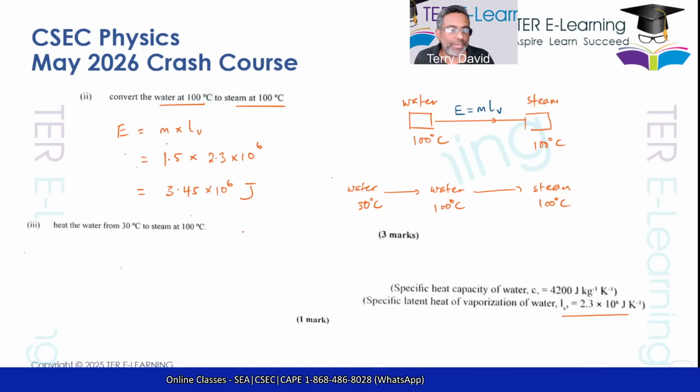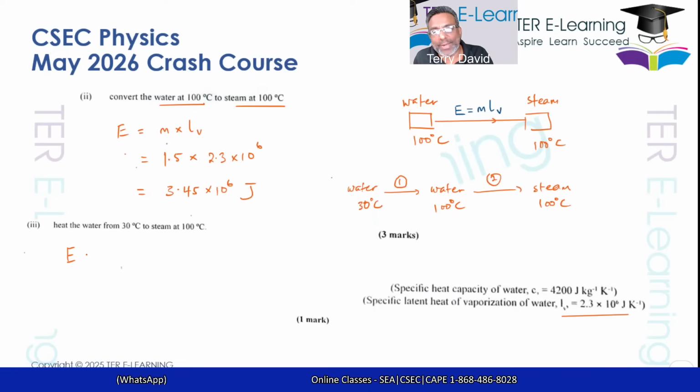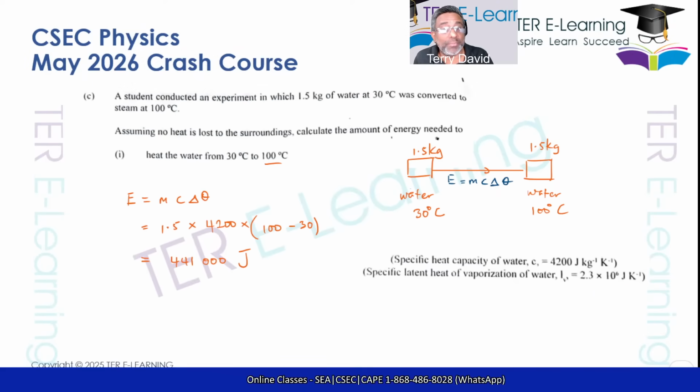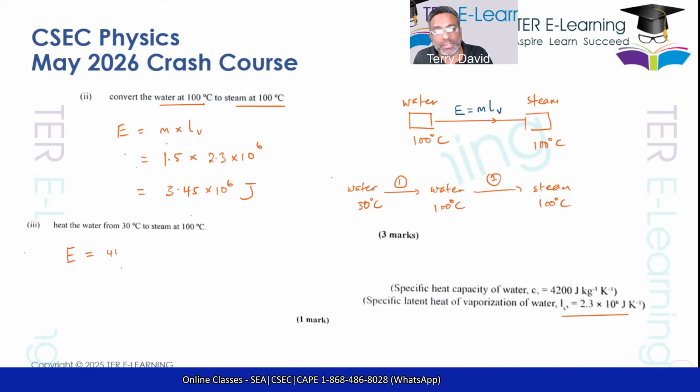Okay, so in this case here, all we need to do is take this energy change and add that to this energy as well here. So the total energy required to make this change will be the answer we got before, which is 441,000, plus we're going to add this answer, 3.45.